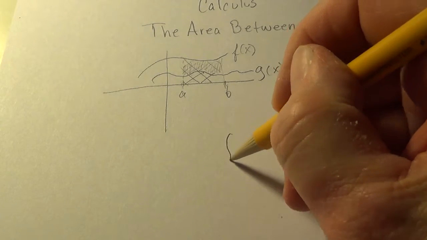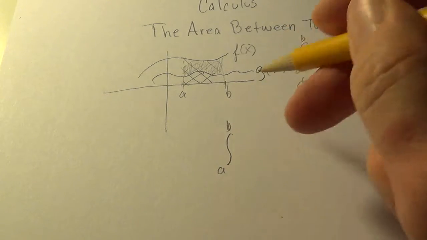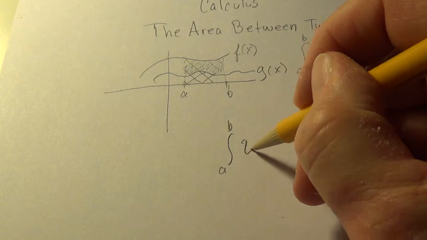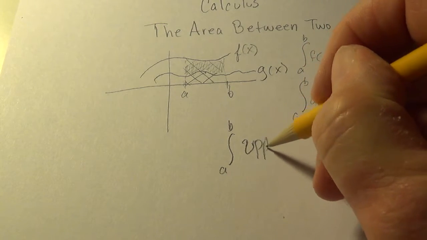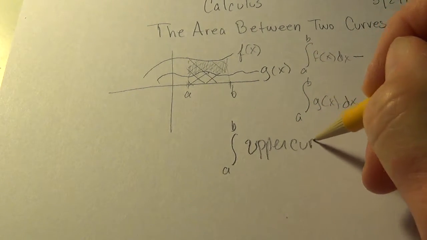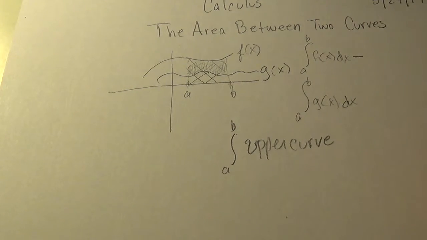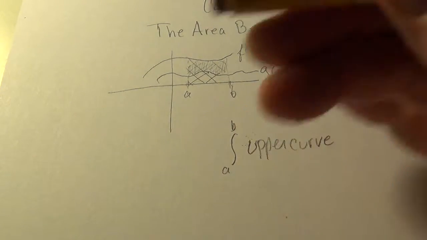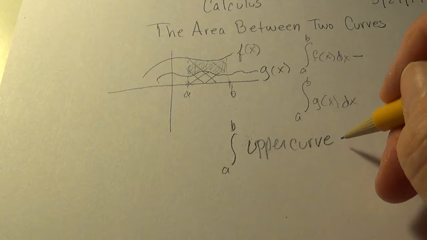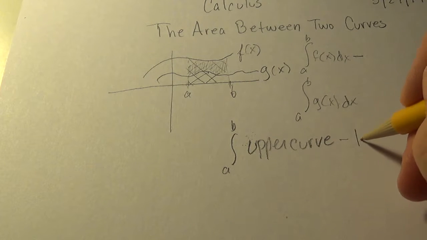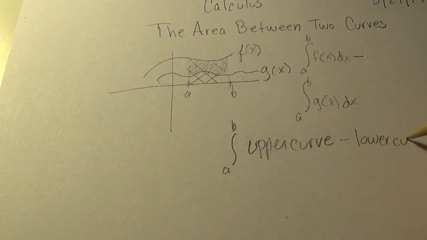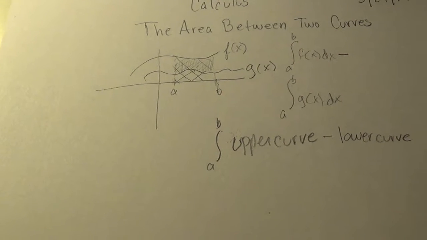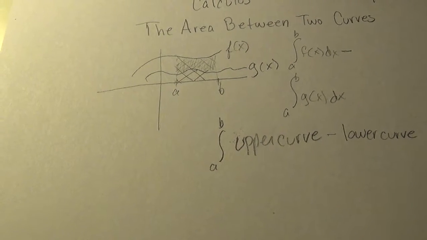The area between two curves from A to B is the integral of the upper curve minus the lower curve. Alright, so that's the theory that will guide all of your work.